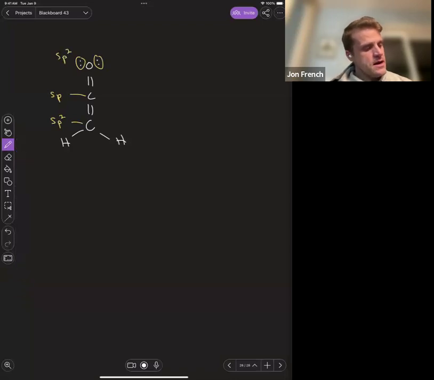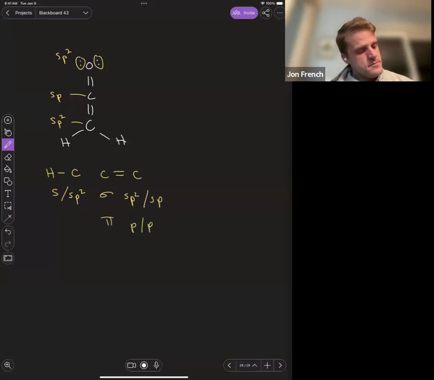So as we walk our way down the molecule, hydrogen to carbon would be s orbital to sp2 hybrid. And then in our carbon-carbon double bond, the sigma bond would be sp2 orbital to sp orbital. The pi bond, p orbital to p orbital, since pi bonds should be easy.